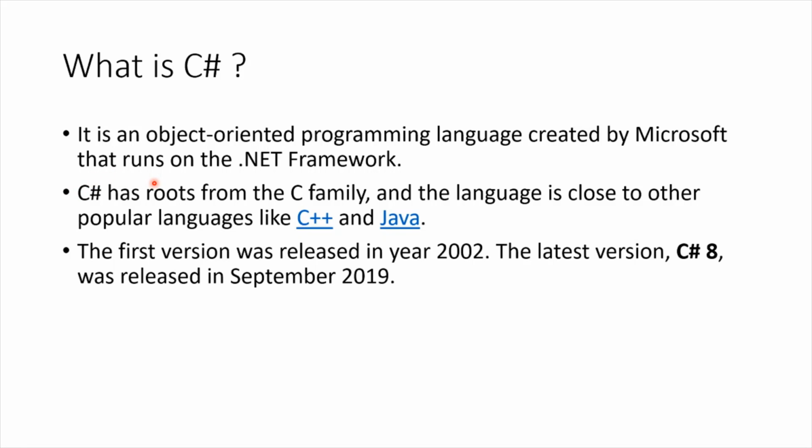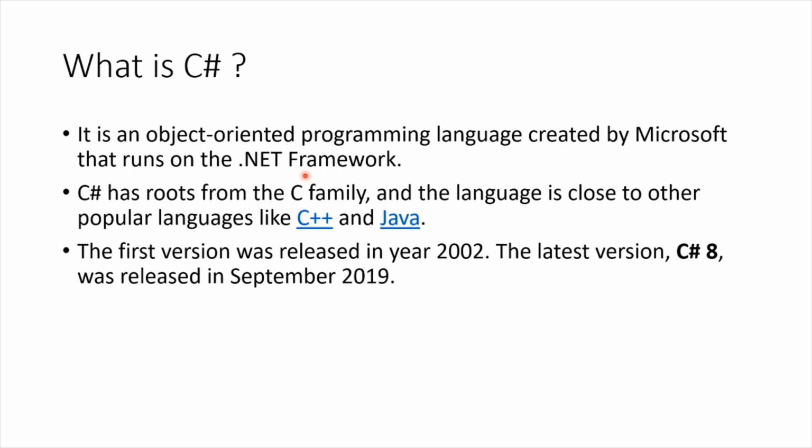Then C Sharp has its roots in the C family, and the language is closer to other popular languages like C++ and Java. Why so? Because C Sharp is an object-oriented programming language, and object-oriented programming languages are based on objects. There are other benefits of that, but for now you just focus on C Sharp being from the same family.